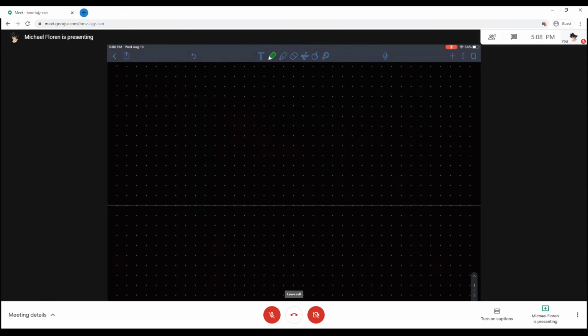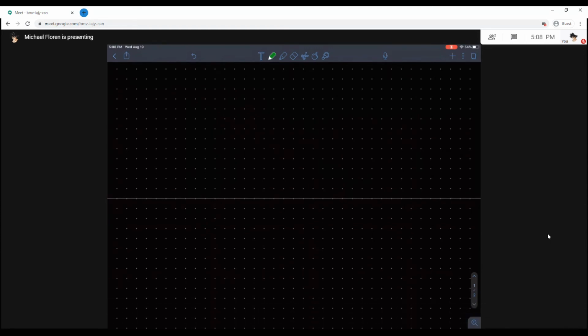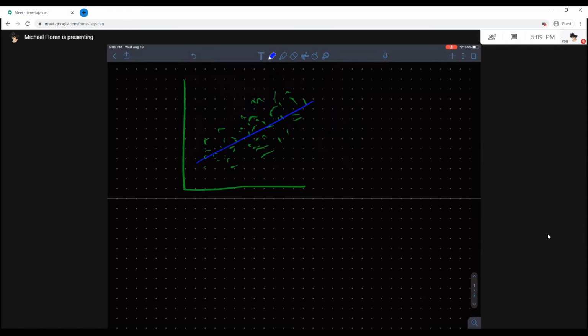If we move down on our graphic here, if I have a particular data set and I have a whole bunch of different points drawn out on this data set, how do I determine which line is better than one another?